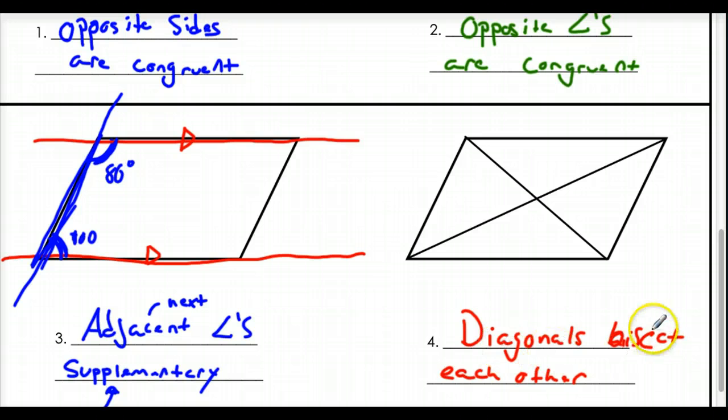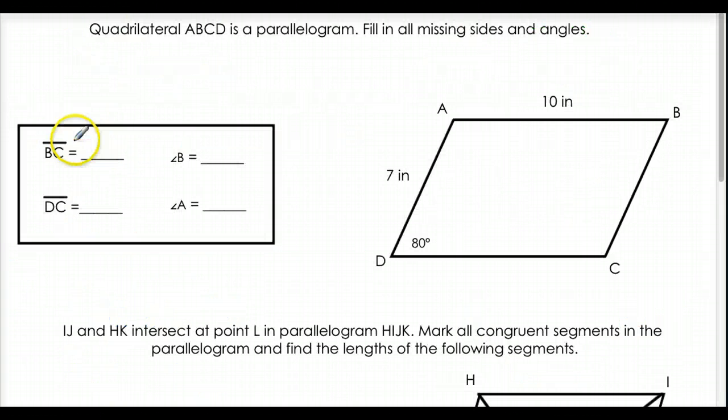And what does bisect mean? Bisect means to cut in half, or two congruent pieces. So this side and this side of the diagonal are going to be congruent, and this part of the diagonal will be congruent, because this goes right through the middle, or the midpoint.